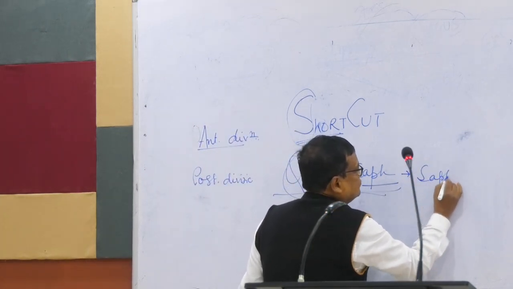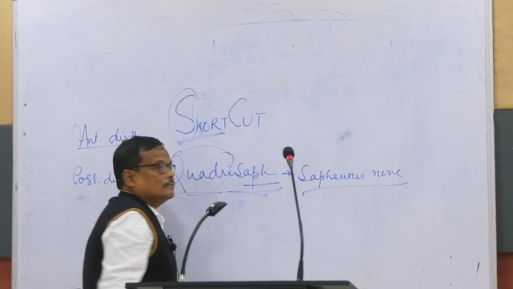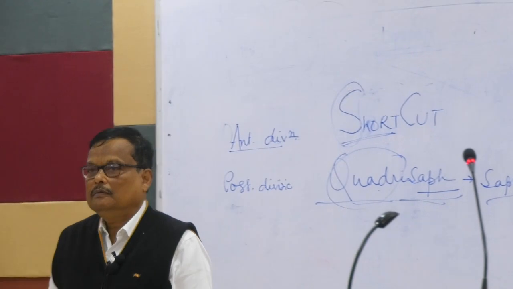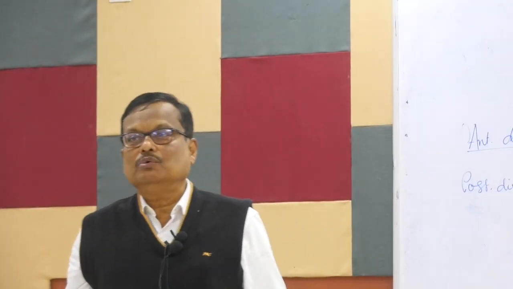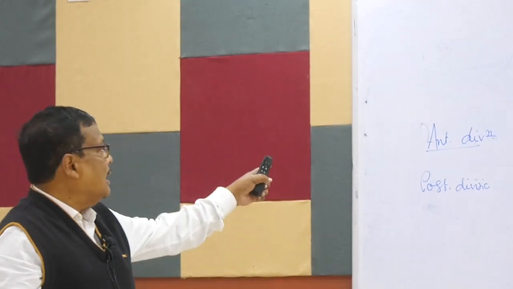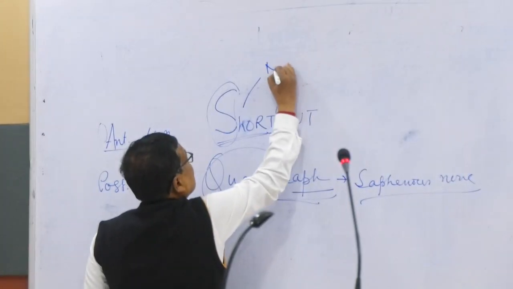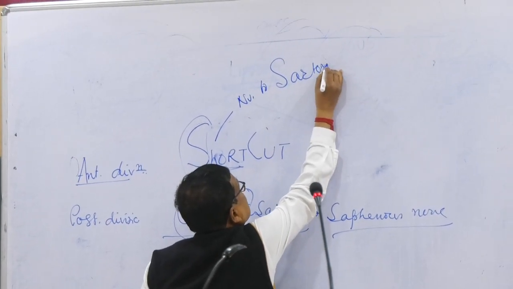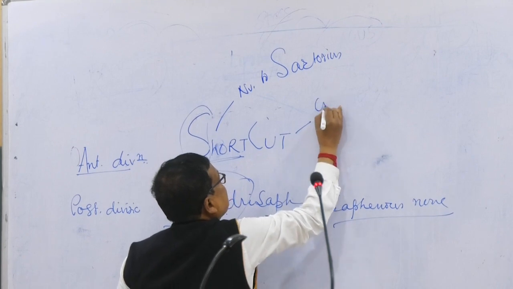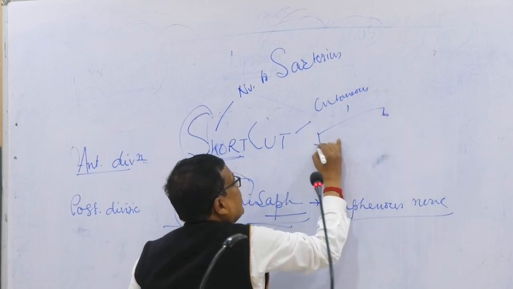Short means nerve to sartorius. Cut means cutaneous, medial and intermediate.